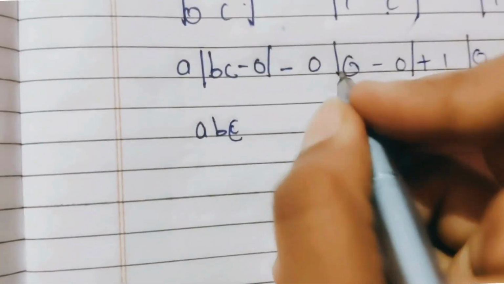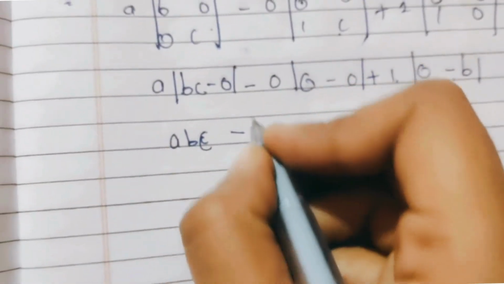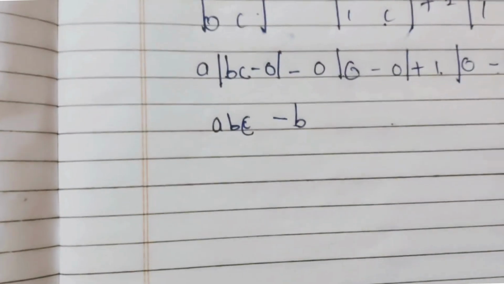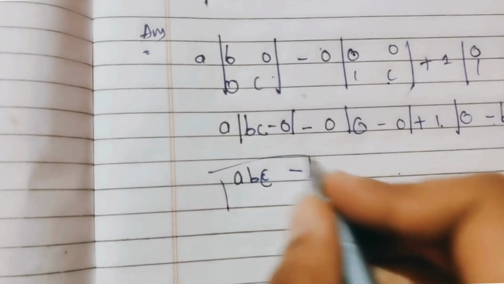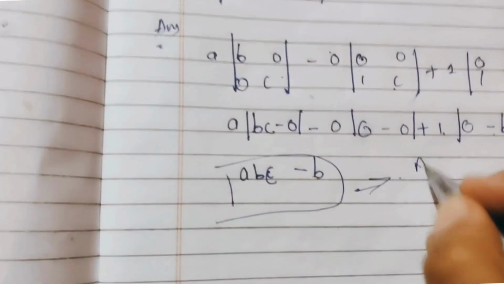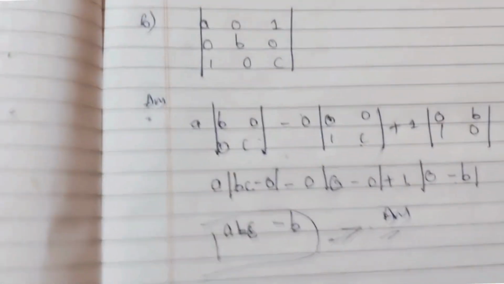Minus here we get total 0, and 1 multiplied by B is minus B. So our answer is ABC minus B. This is the answer, because we can't go further in this equation.